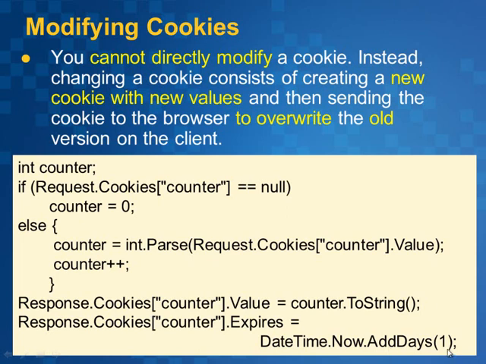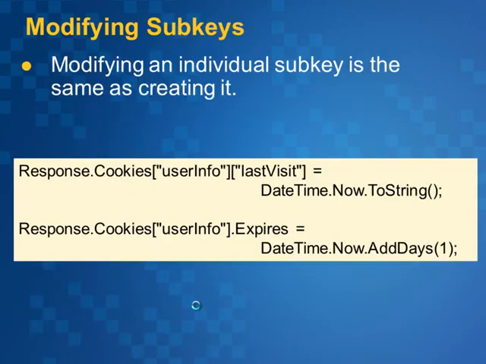I put an expiry date and send it. Next time when the cookie comes back, I will not have the null value. What I do is I read the cookie, read the value of the cookie, convert it into an integer, increase its value by one, put it back into the same collection and send it back. So this is how it goes.